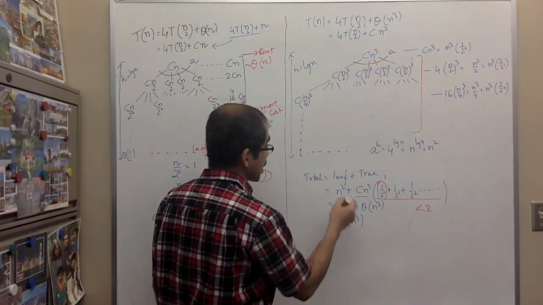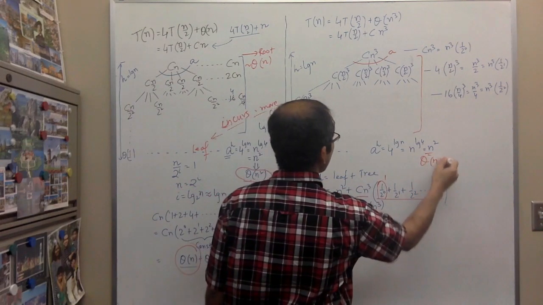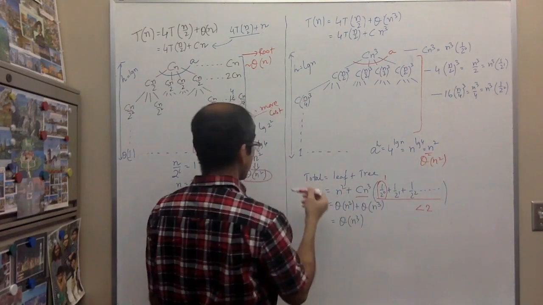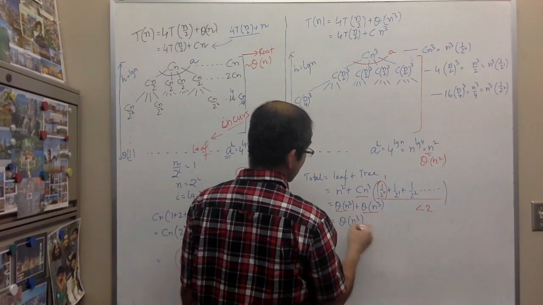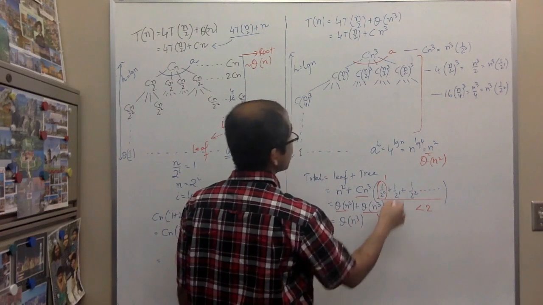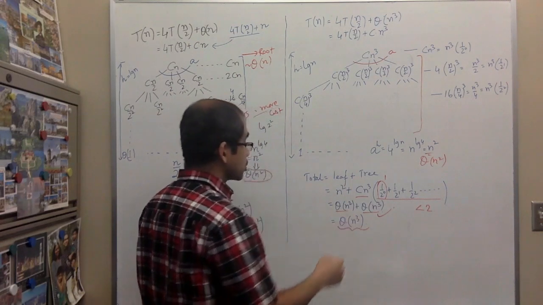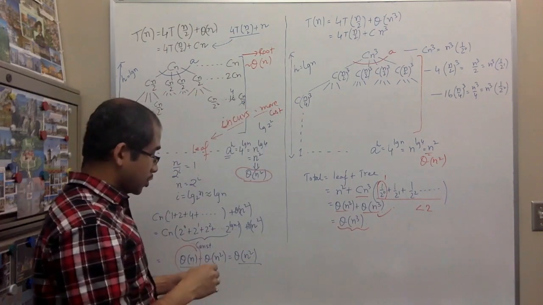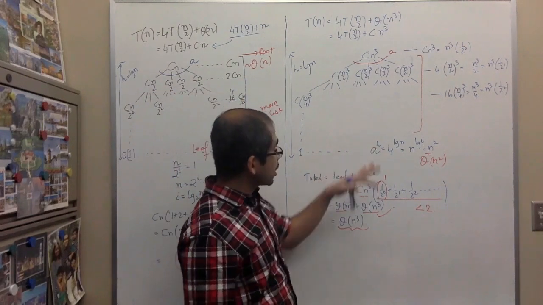Whatever the constant, you can see the leaf level is contributing theta of n squared cost, and as before, there's the leaf cost, and this is the root level cost, but now the root level is contributing more. So this is the final cost, which is the asymptotic of n square and n cube, whichever is contributing higher cost.